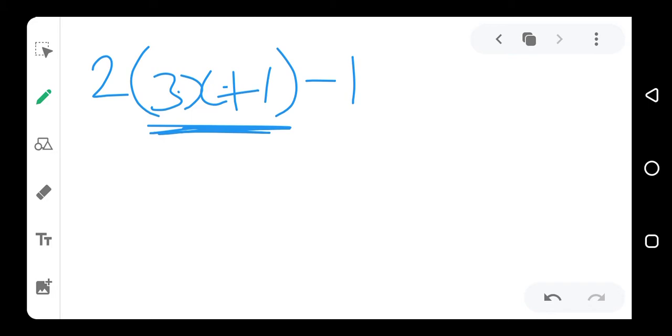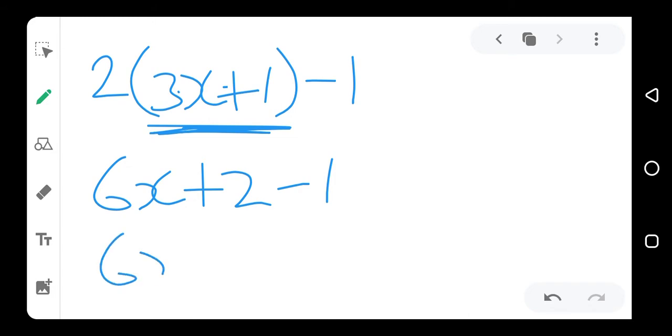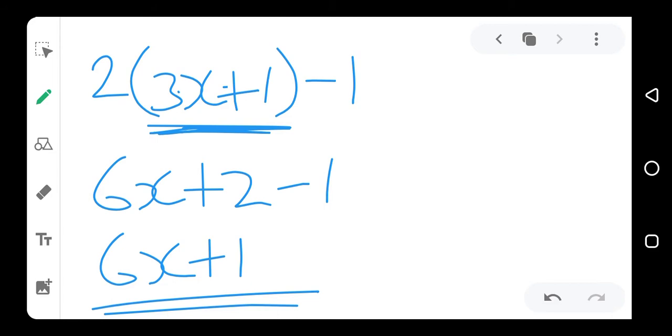So that becomes 6x plus 2 minus 1, which gives us 6x plus 1. So this is the final answer for this one.